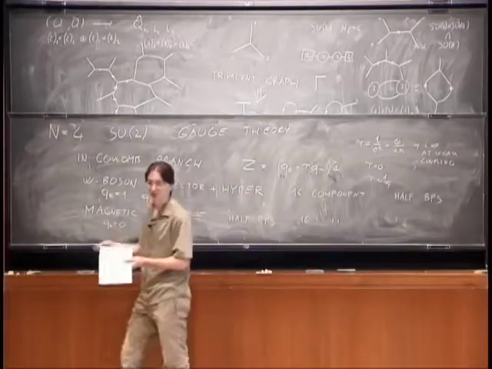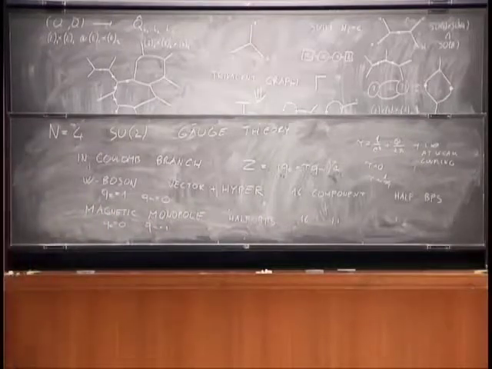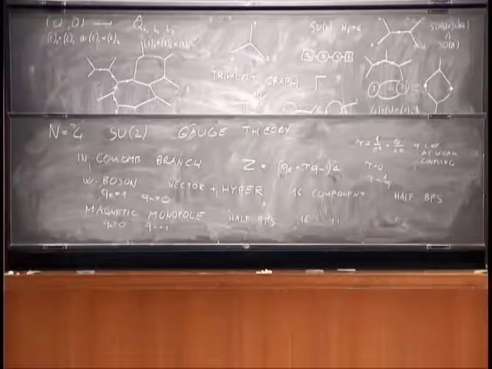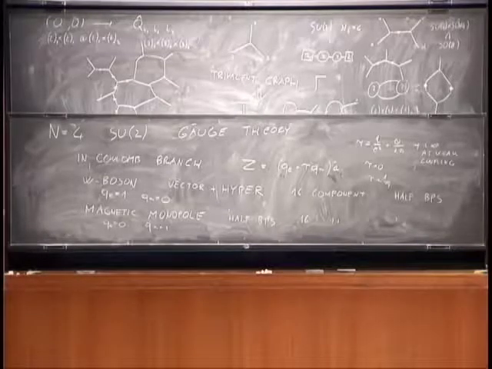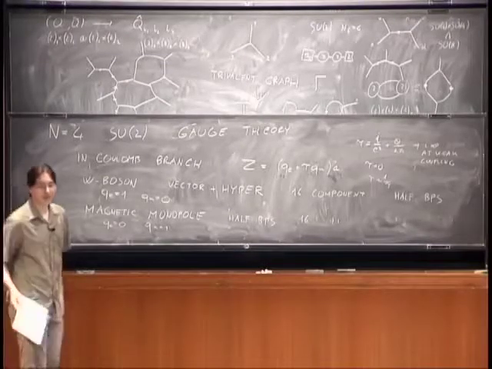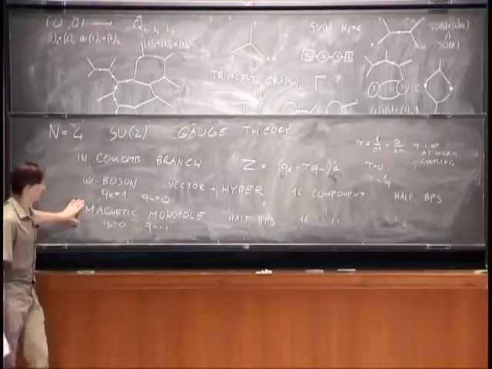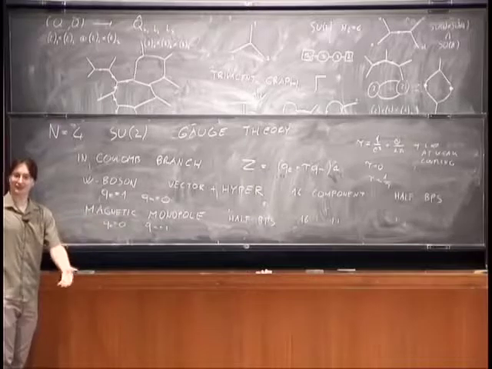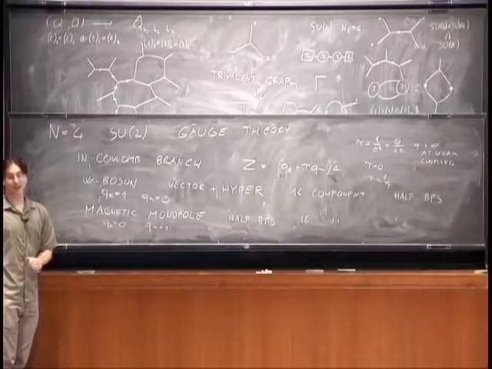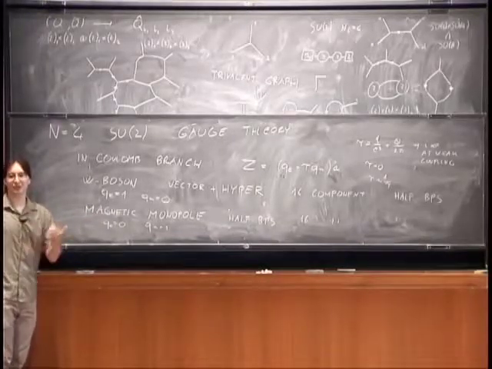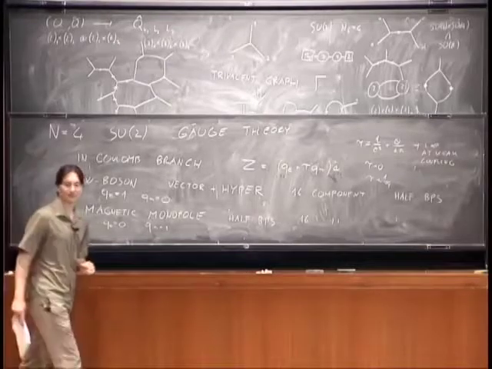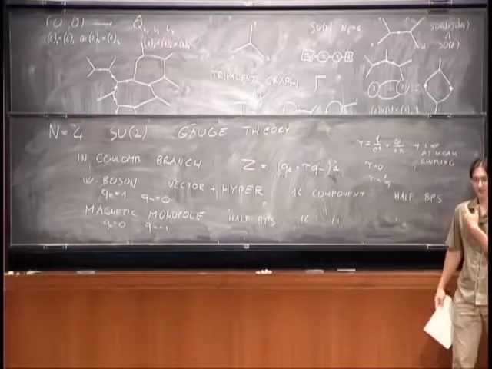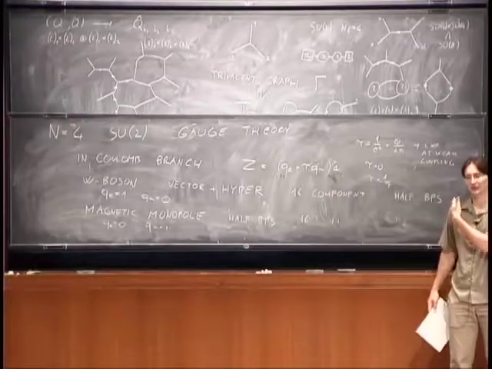Now, that looks a little bit of a stretch. In a sense, it's a much stronger statement than the original electromagnetic duality. Electromagnetic duality is something you just do in the Lagrangian. You take electric field, magnetic field, and you exchange them. But here we are claiming that this magnetic monopole can combine with this new abelian field to give you a non-abelian gauge symmetry. And there is no symmetry in the non-abelian Lagrangian which permutes electric and magnetic field. So this, if true, is a very non-trivial, non-perturbative statement.